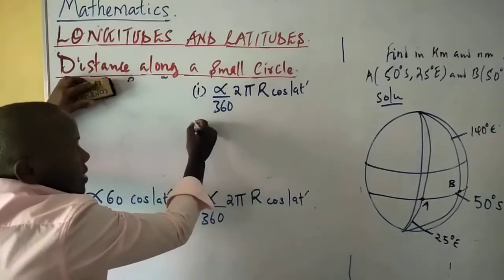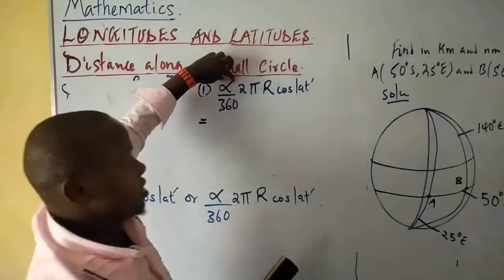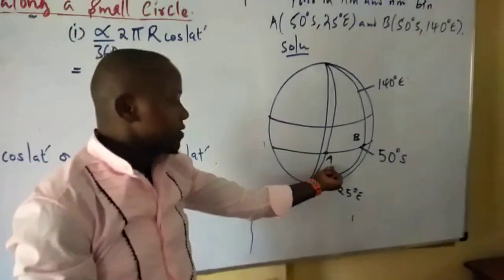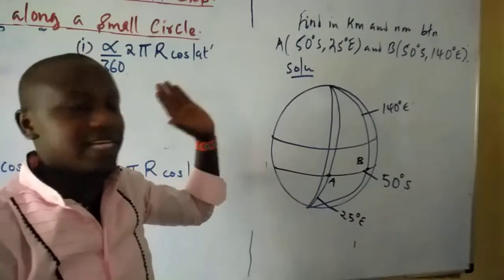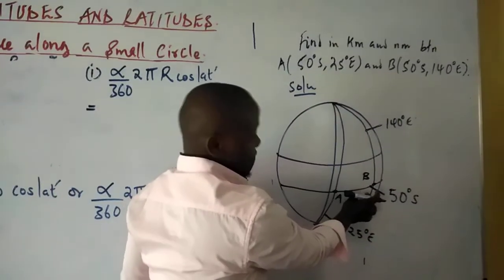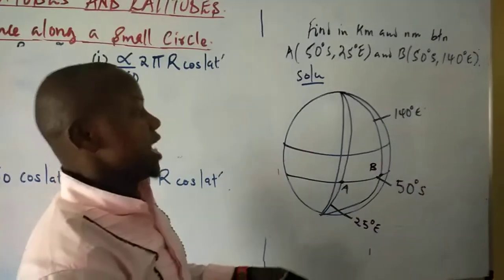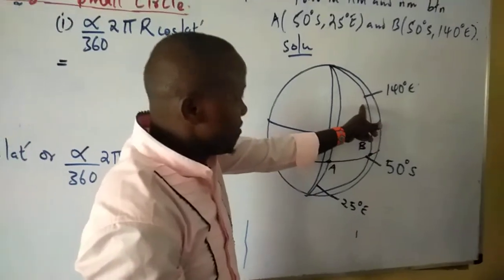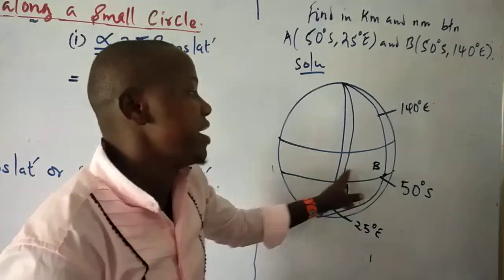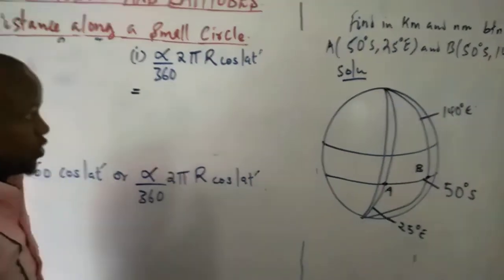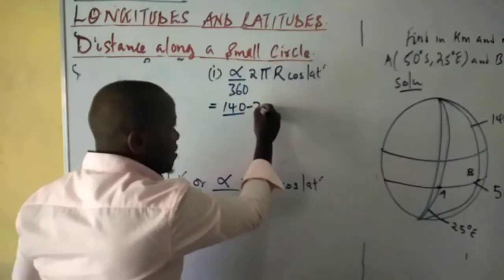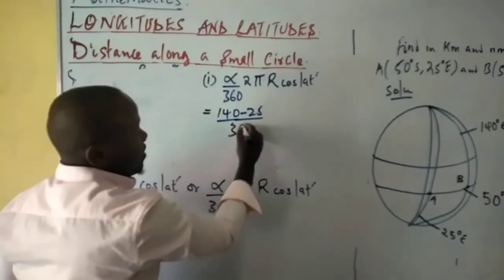The difference in longitude: B is at 140 and A is 25. They are both on the east, meaning we take the difference because they are on the same side. Therefore, it is 140 minus 25. Then we divide by 360.